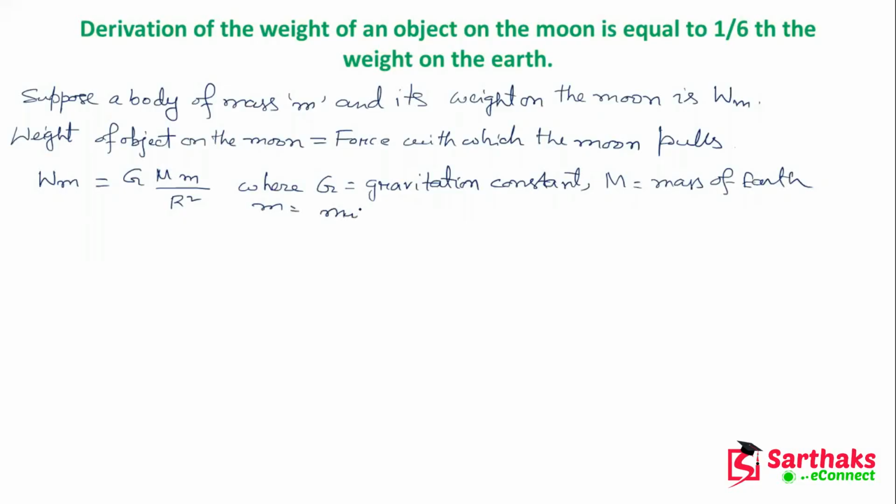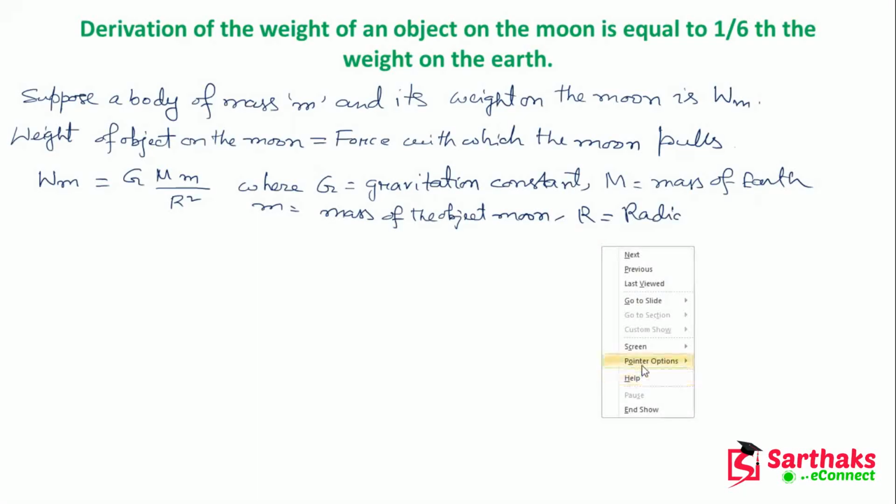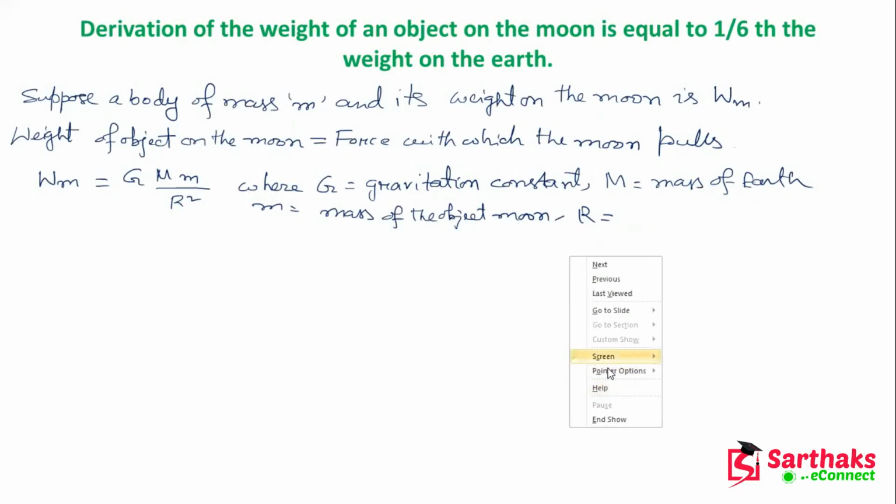and m is the mass of the object, and R is the distance.